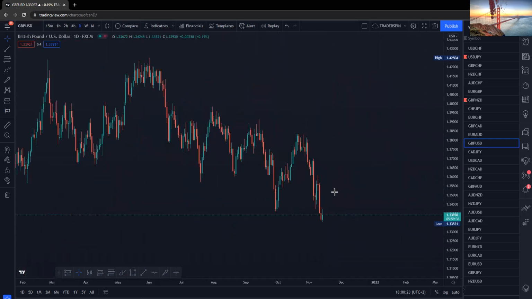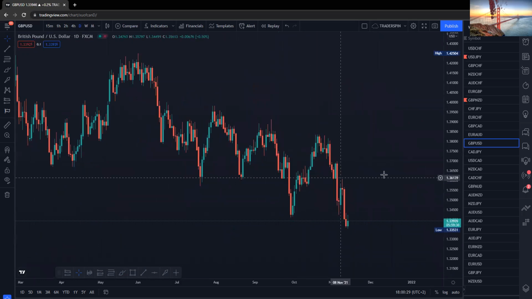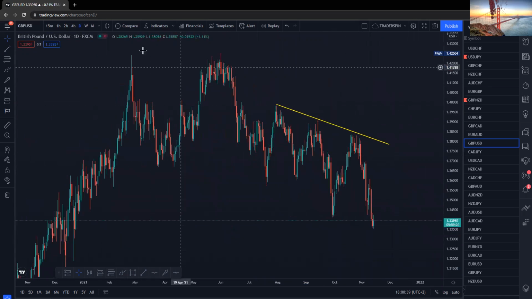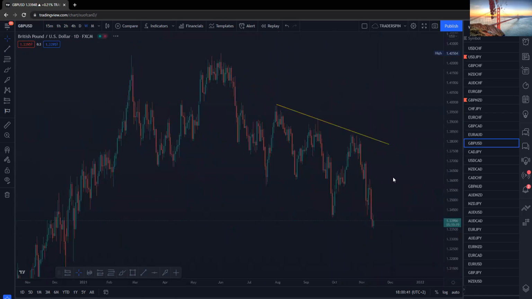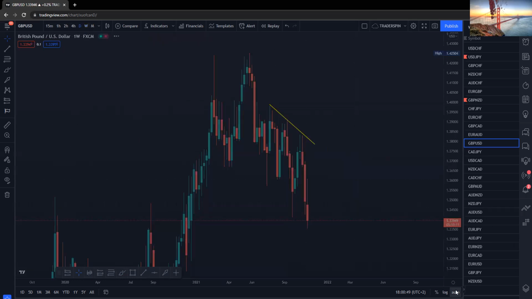I think I gave it somewhere around last week, GBP USD. It was GU.